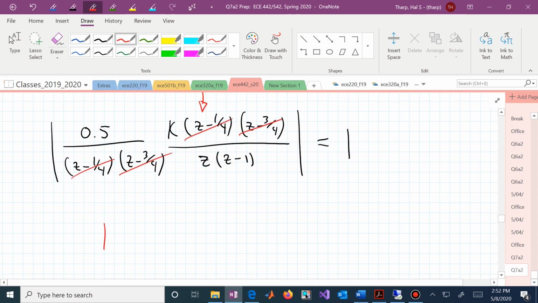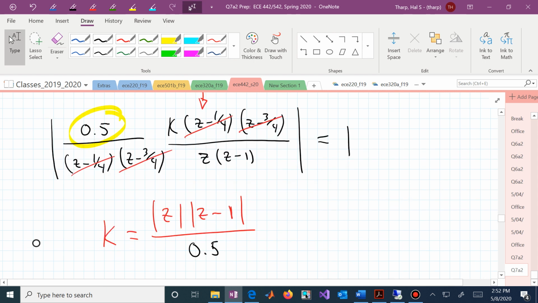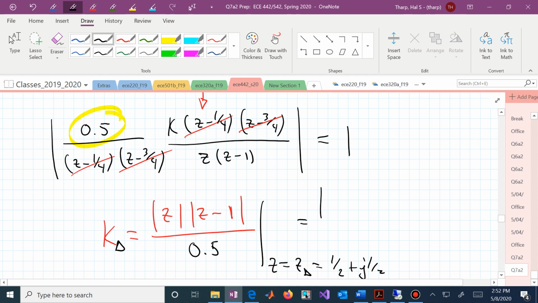We can solve that for k, and now we have k is the magnitude of z times the magnitude of z minus 1 over, and this is what I think some people forgot, over that constant, which is 0.5, and we want to now know what is k at the triangle. Well, that will be found at z triangle, which is 1/2 plus j1/2. We plug that value in for z everywhere.